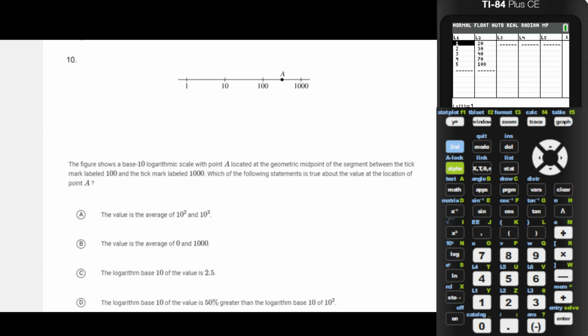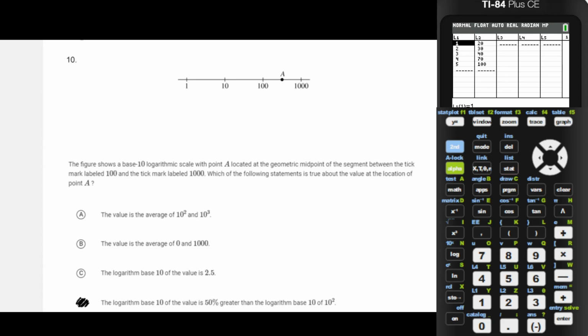So this one, A is halfway between 100 and 1,000 on a logarithmic scale. The logarithm base 10 of the value is 50% greater than the logarithm base 10 of 10 squared. Yes, that's it.